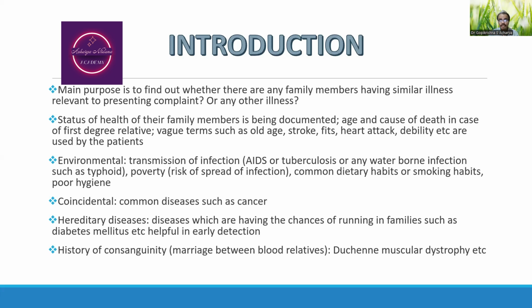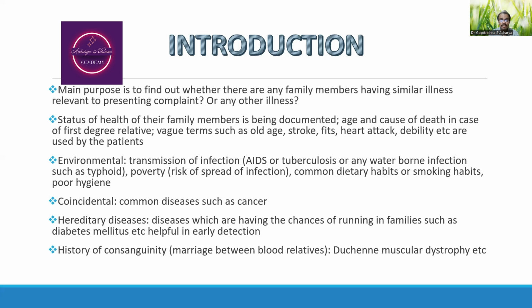Another major aspect that we are going to inquire about is the history of consanguinity, that means consanguineous marriages, that is, marriage between blood relatives. This is essential to note for certain familial diseases, which usually run because of autosomal, chromosomal dominant or recessive genes.